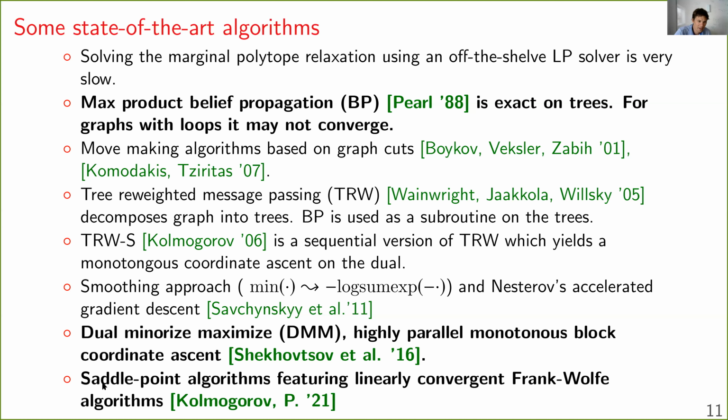I will give details later. And we have shown that there are proximal maps which you need to compute, and you can make use of linearly convergent Frank-Wolfe algorithms. And when you do so, then you get a fast converging algorithm that can solve exactly the relaxation with a known convergence rate.